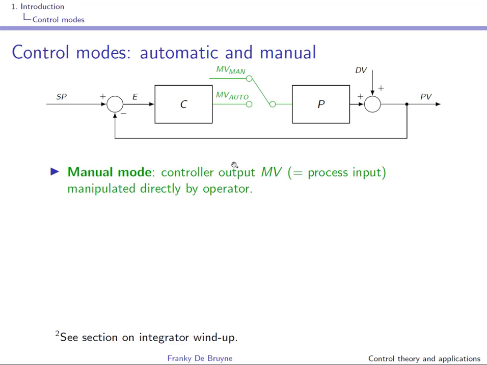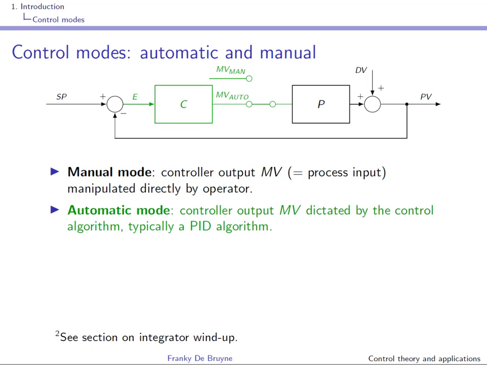This can be done, for instance, by changing a value MV_man in the human-machine interface to directly influence the process input. In manual mode, the control algorithm, and very often the PID control algorithm, will be bypassed. In automatic mode, the controller output is dictated by the control algorithm, typically, as I said, a PID control algorithm.